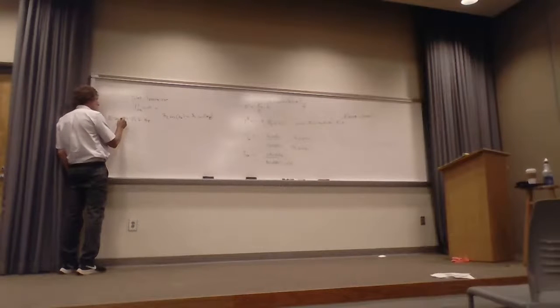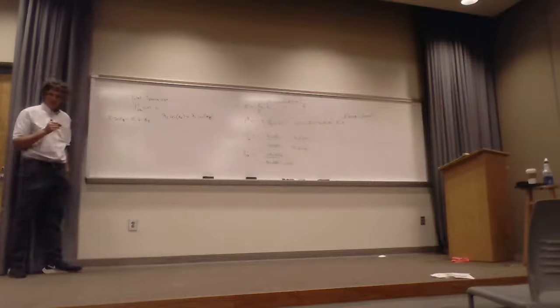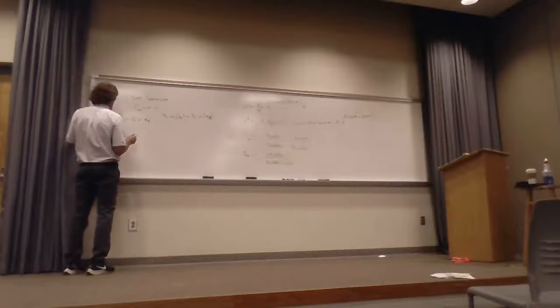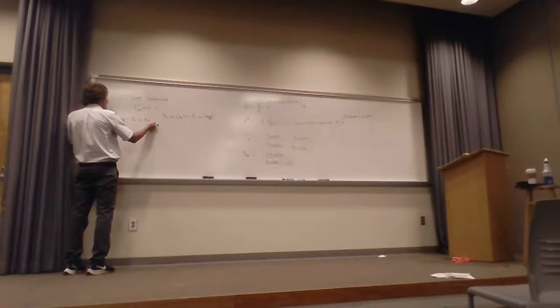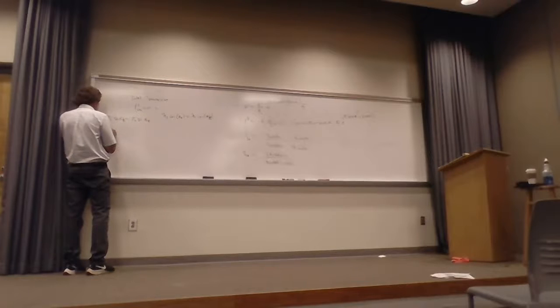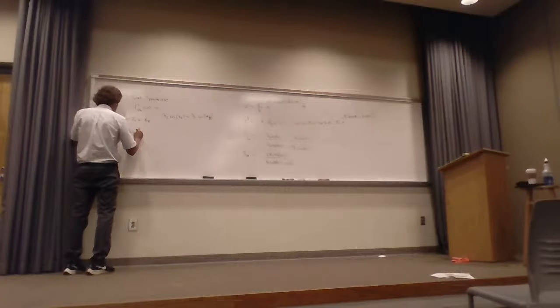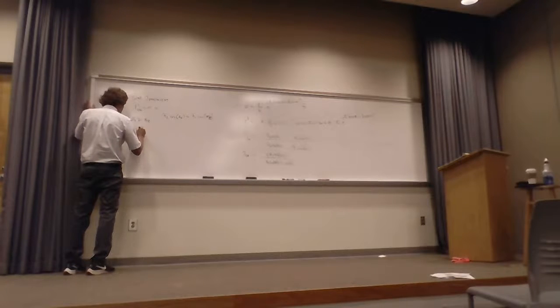And I know what I'm going to have as the incident angle there is the Brewster's angle, right? So I'm going to go ahead and square both sides, so I have beta 1 squared sine squared of theta Brewster's is equal to beta 2 squared times sine squared of theta 2.